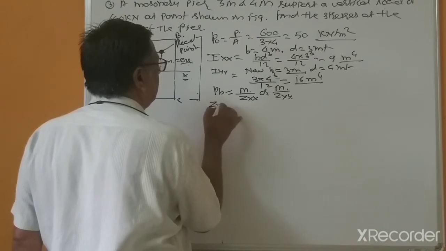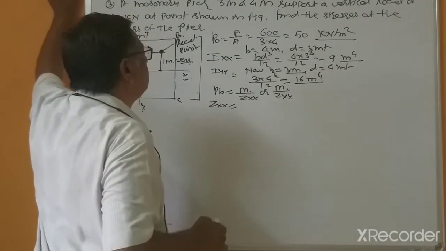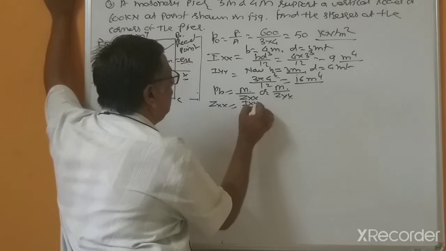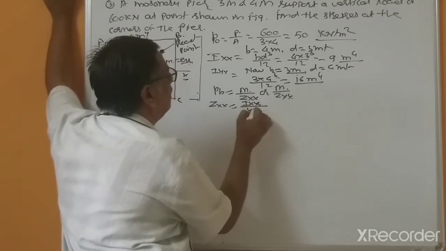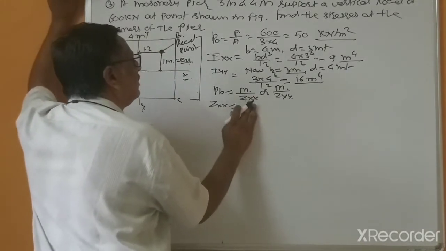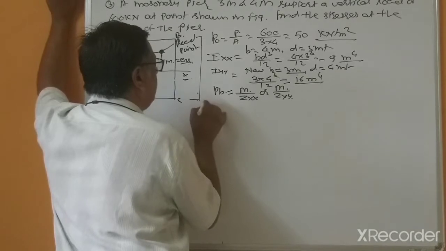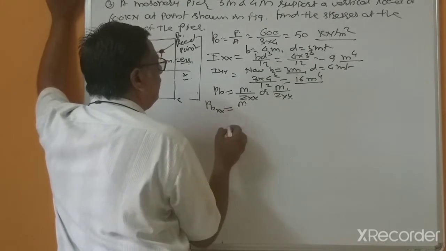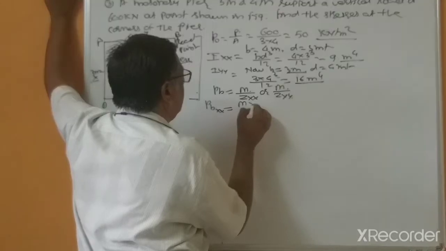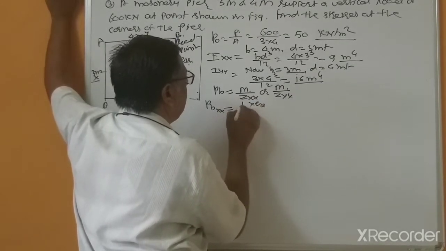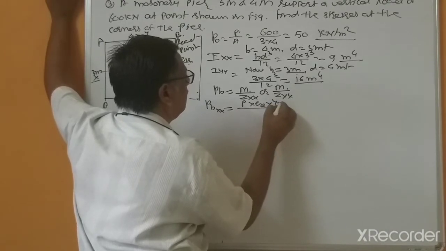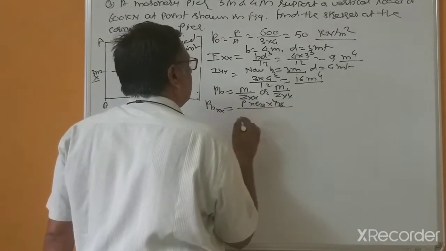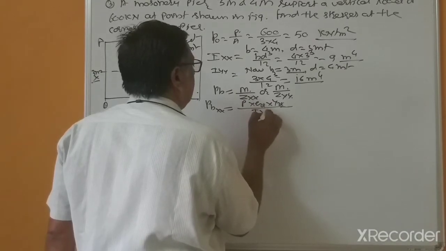So we will calculate Z xx equal to I xx, or otherwise directly I will calculate PB xx equal to M, this is P into e x, or this is y, divided by I xx.